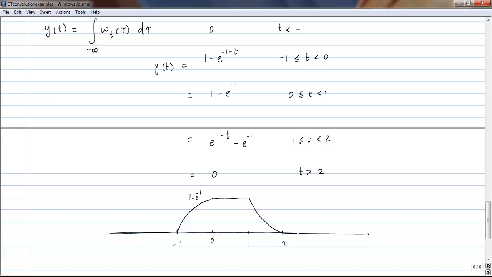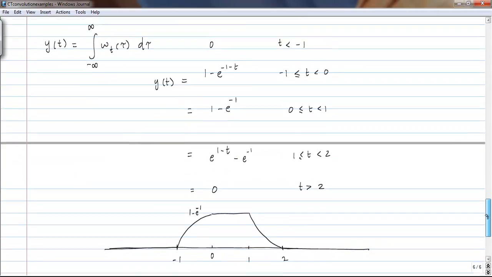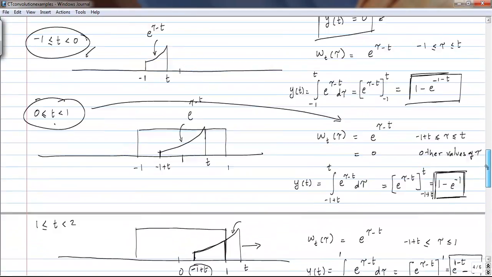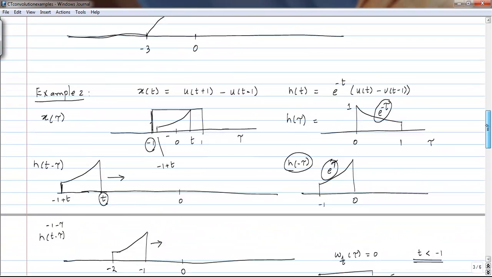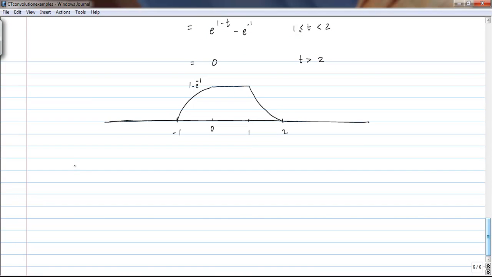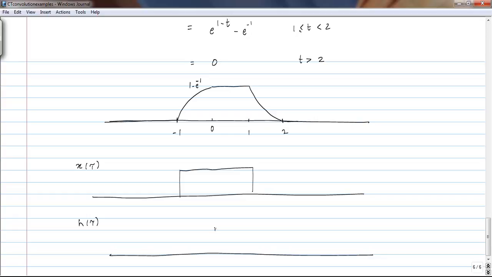Okay. Now let's see whether this makes sense, if we start with the x of t and h of t we had. So x of tau was between minus 1 and plus 1, and h of tau was this, so when I flip h of tau, I got something like this.